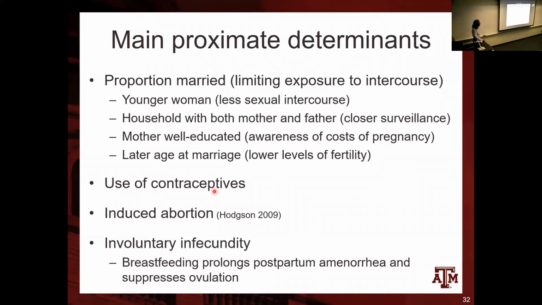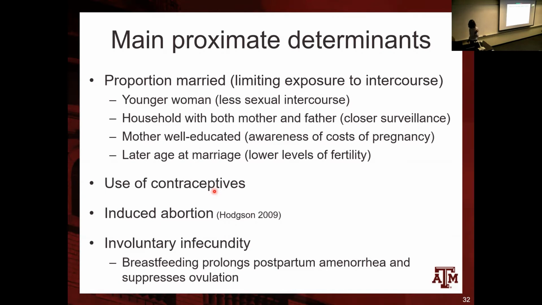Mothers who are well-educated are more concerned about the risks of their daughters having children when they are young, so there will be more of that awareness passed to their daughters. And also in societies where women invest in their education and in getting a good job and then postpone marriage and postpone fertility, those societies will have lower levels of fertility.